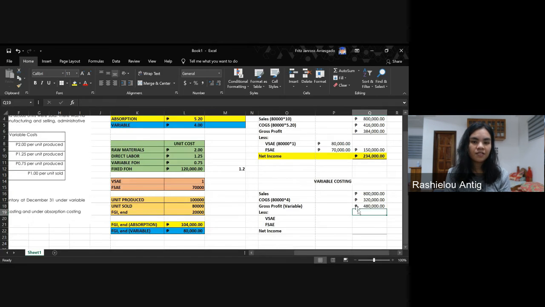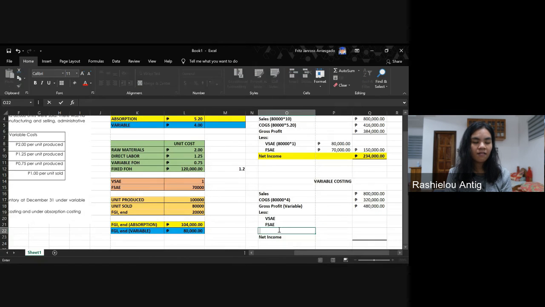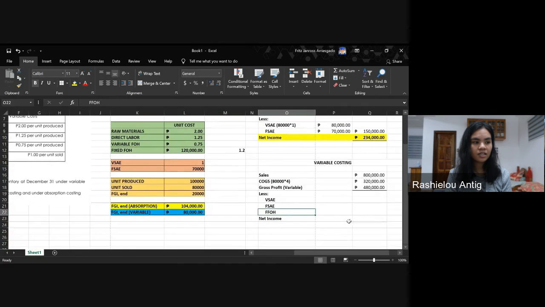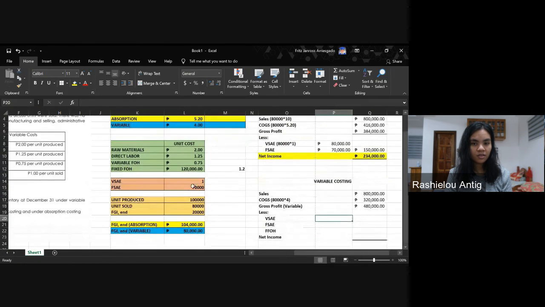Now we know that the difference between absorption and variable costing is the treatment of factory overhead. Under variable costing, fixed factory overhead is treated as period cost. So after we have our gross profit, we deduct the variable selling cost, which is 80,000 pesos, that's 1 peso times total units sold.